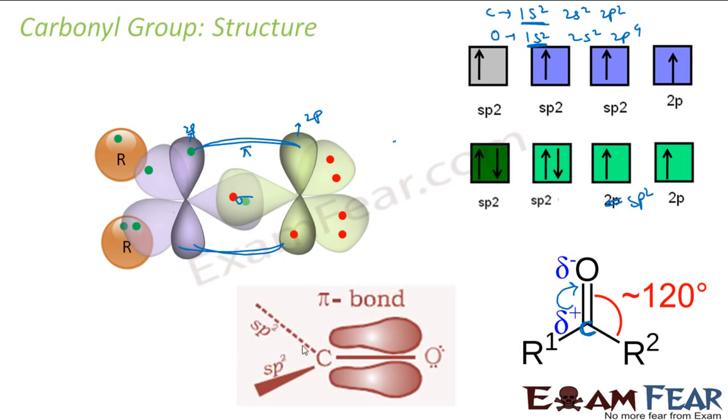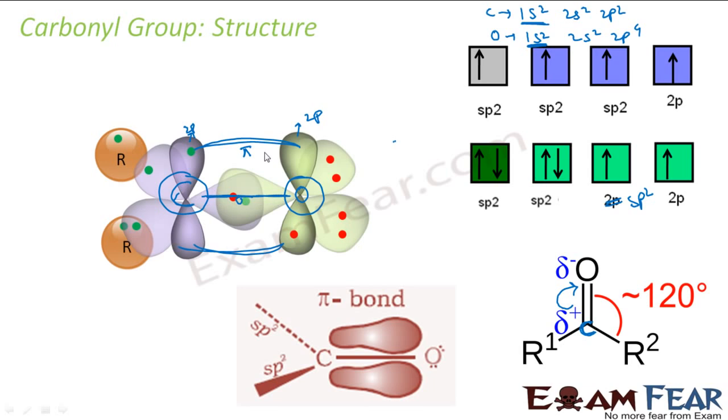This is my carbon, and there is one pi bond. The pi bond is like a sandwich. It's one sigma bond, and this is my oxygen. So this is a sigma bond and this is a pi bond.